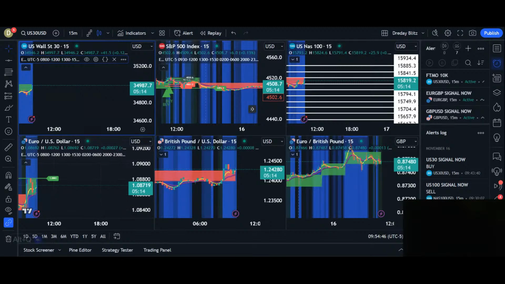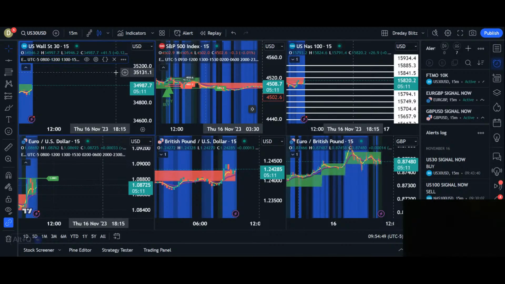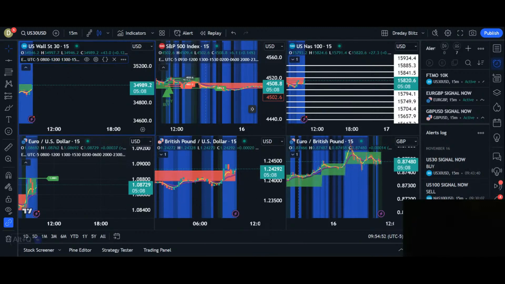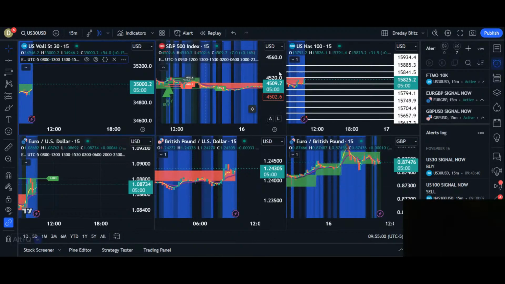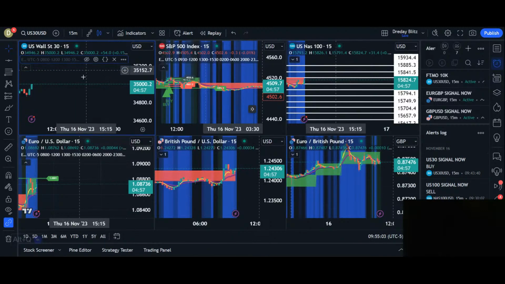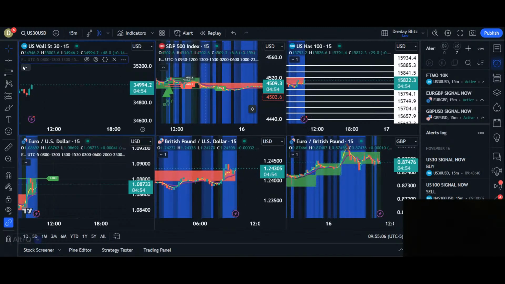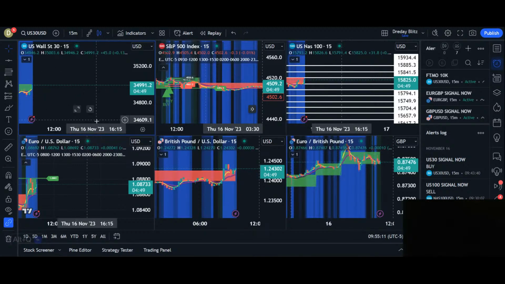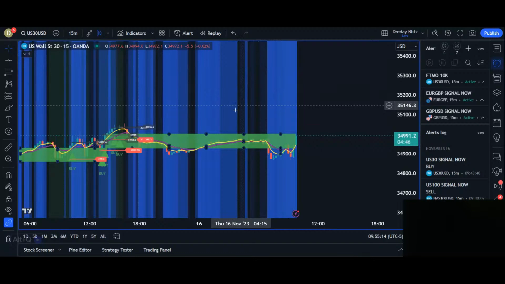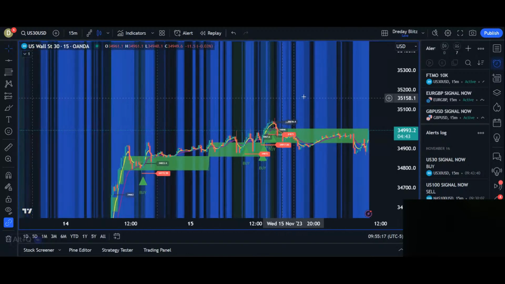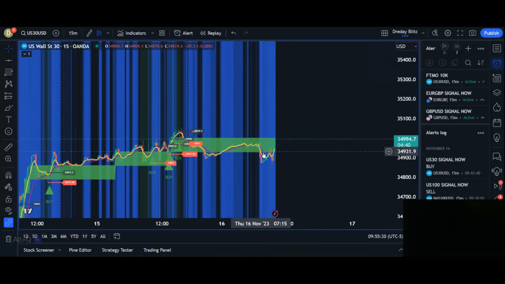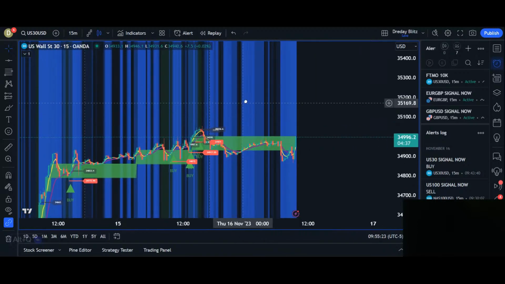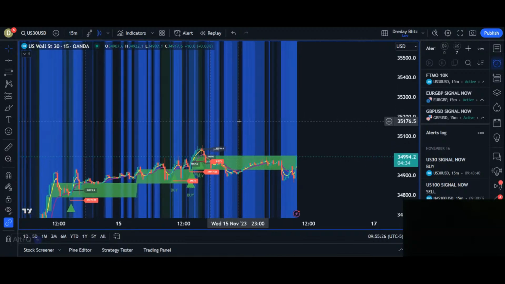All right, so let's look at US 30. As you can see, US 30 was still never switched bearish, so still bullish here overall.